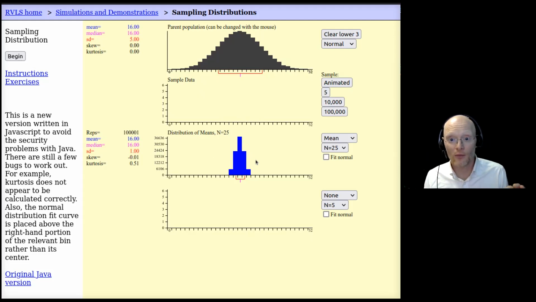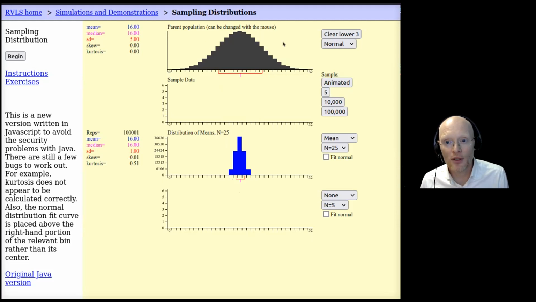Now, I want you to remember that the confidence, the width of an inference like this, a mean, is narrower than the width of the variance of what you're observing. But let me show you something weird.